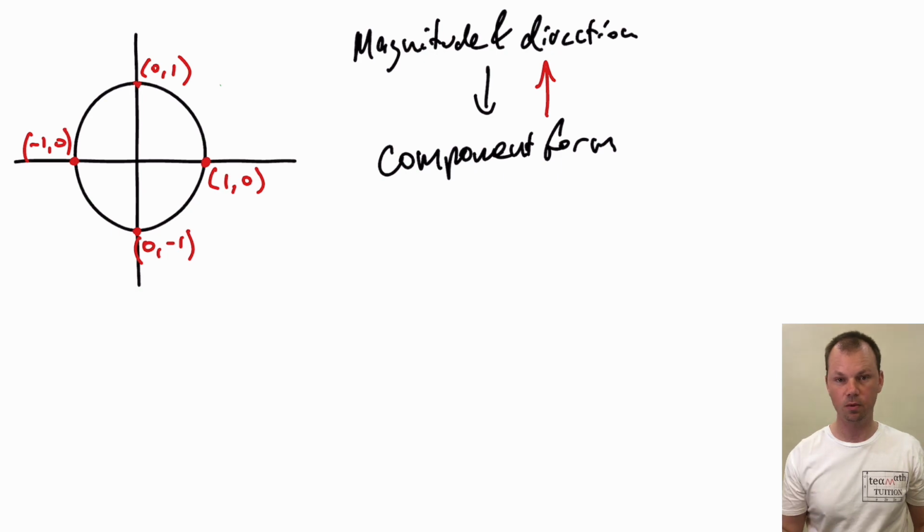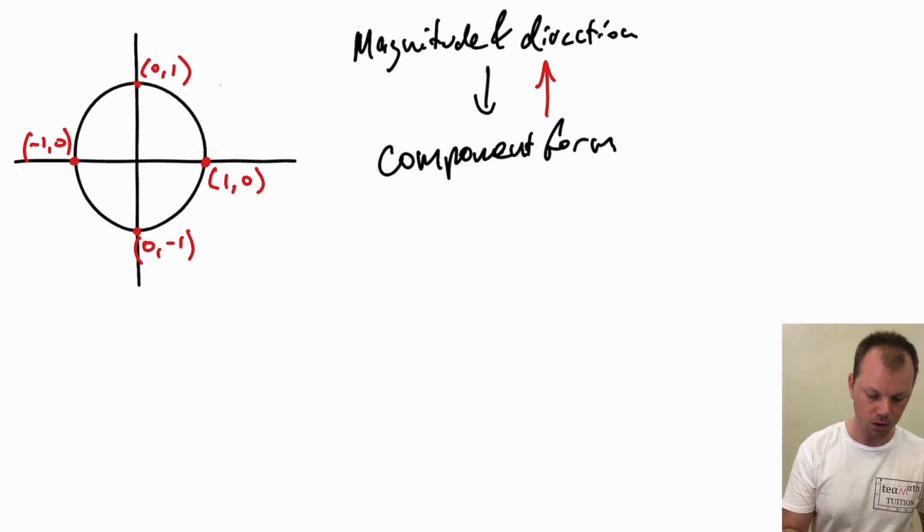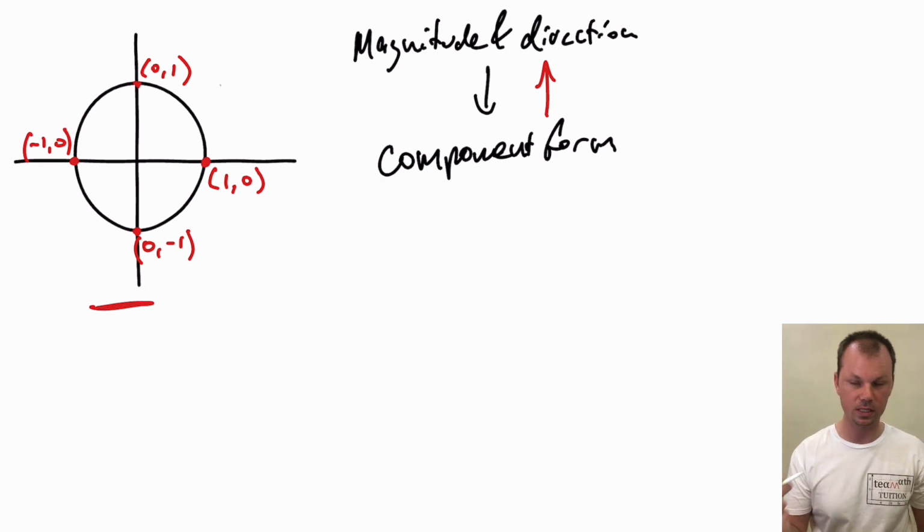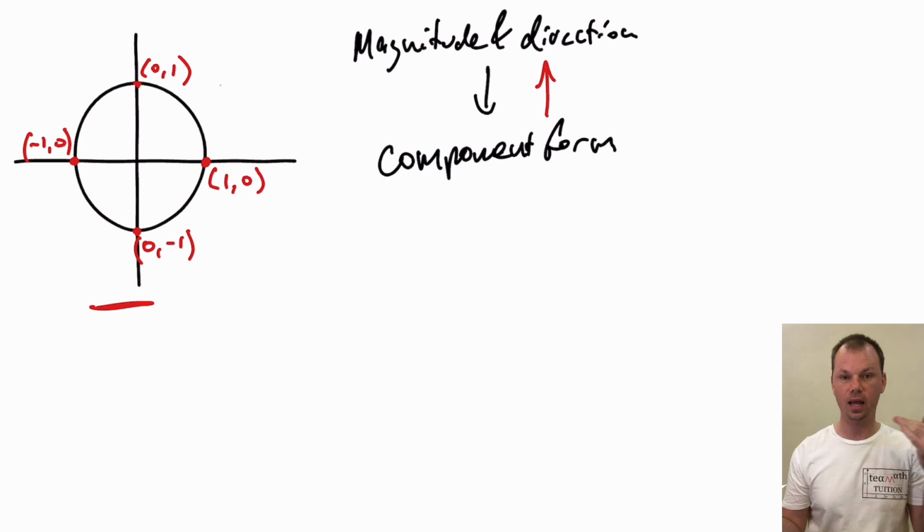So to start with, we're going to have a look at our unit circle and investigate that a little bit, and then we're going to apply it to vectors. So over here, I've got my unit circle. So circle, center at the origin, radius of 1. Now, using our trig functions, we can work out how far in the x direction and y direction we are at any point.